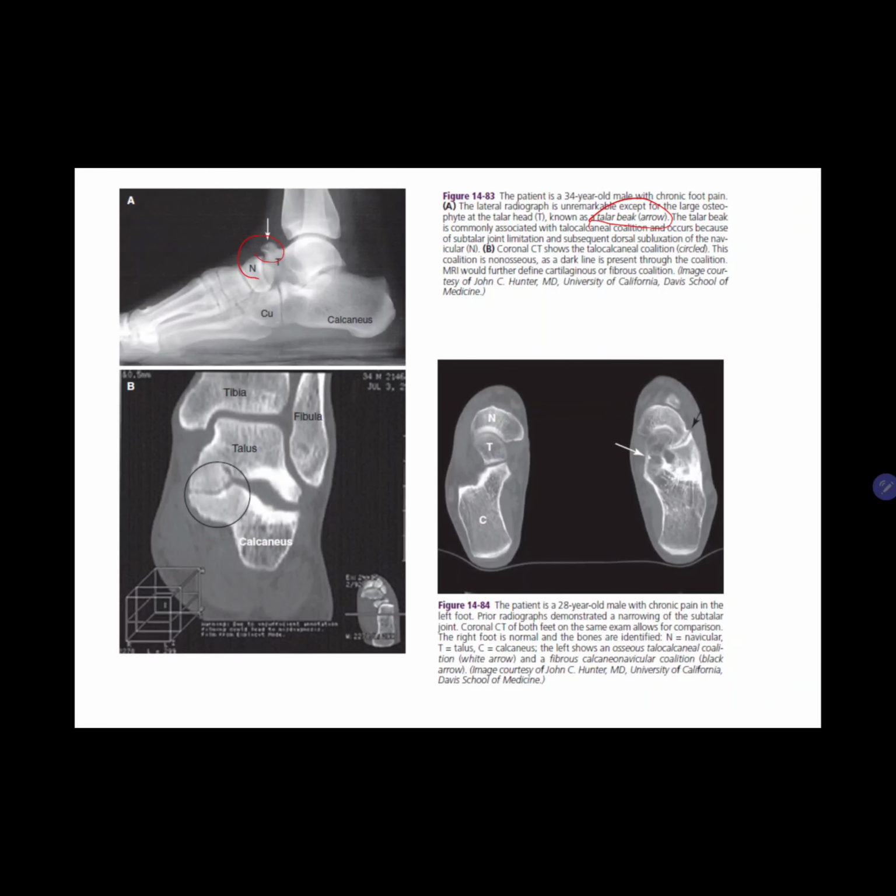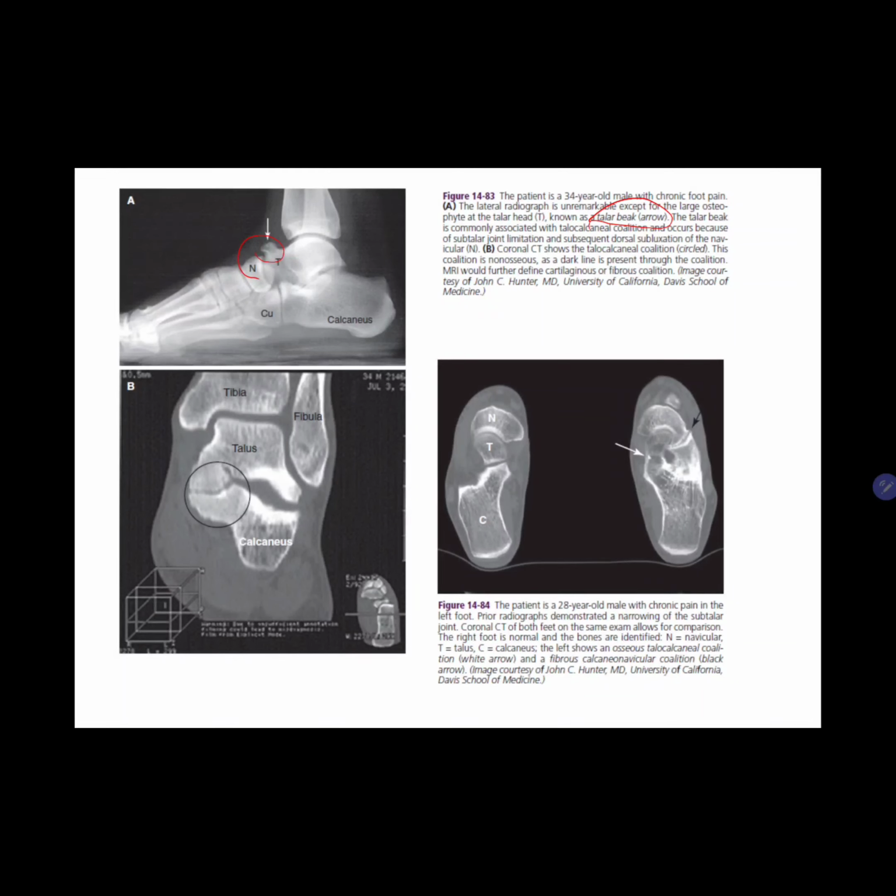So here, as you can see, this is a CT scan of the foot, and then the left foot. As you can see here, you have narrowing of the subtalar joint.